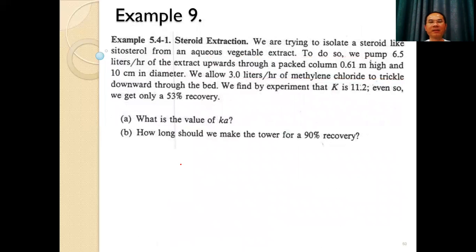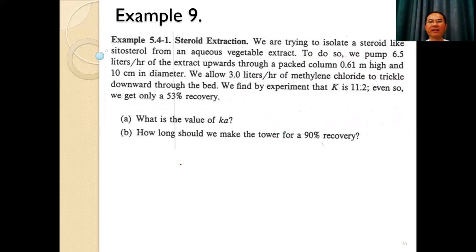For example, we would like to isolate or separate a steroid like sitosterol from an aqueous vegetable extract. To do this, we pump 6.5 liters per hour of extract upward into a packed column with height 0.61 meters and diameter of 10 centimeters.